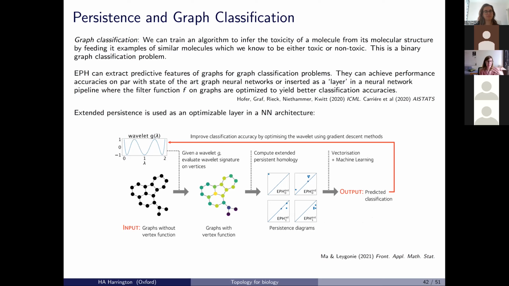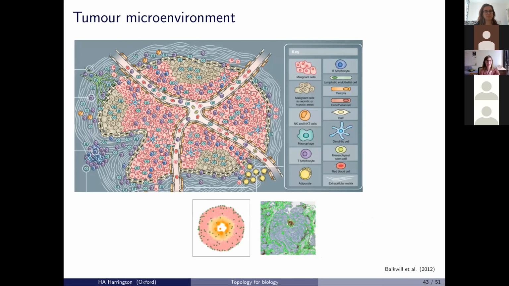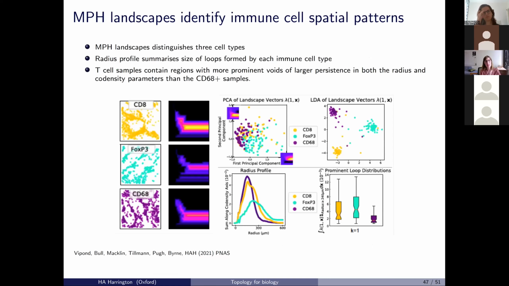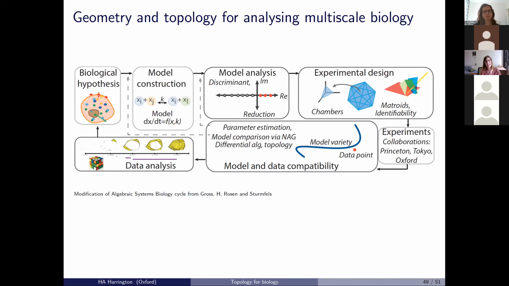And then the final application, which I won't have time to talk about, is how we can use multi-parameter persistence. So I'm just going to mention there's this great review article by Magnus and Mike Lesnick to look at multi-parameter persistence. And we were able to use multi-parameter persistence to not only look at structure and shape, but also start to integrate different types of data.